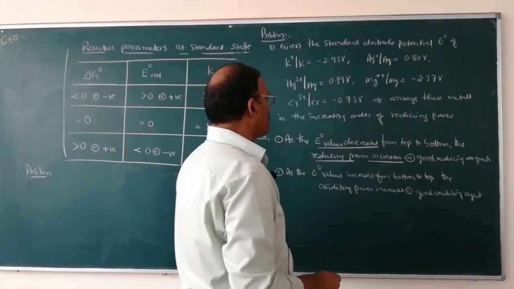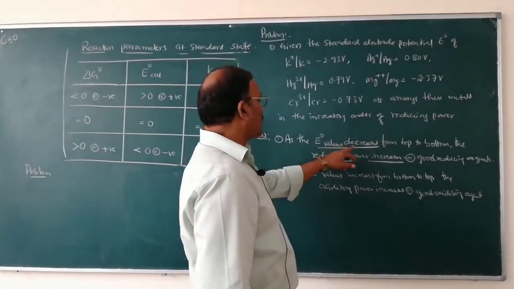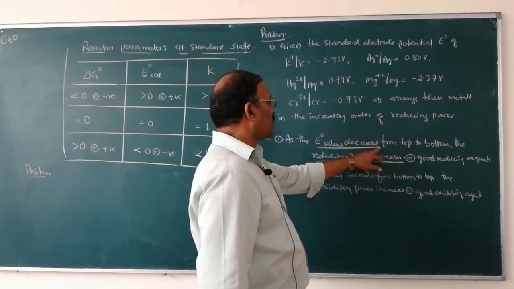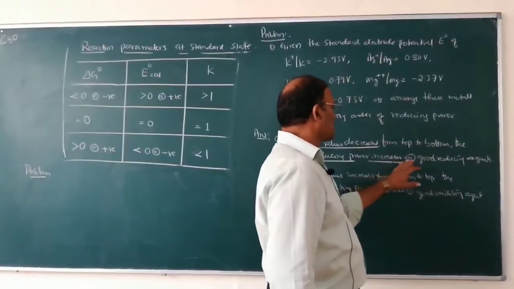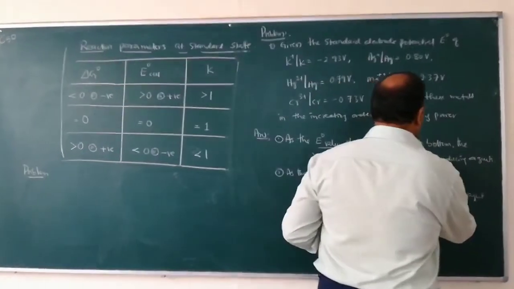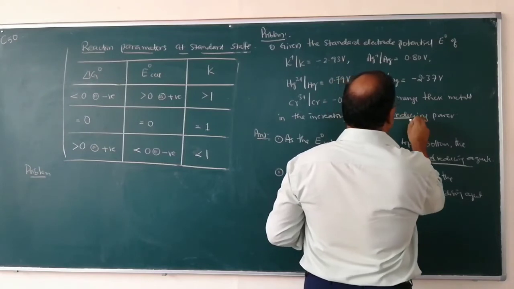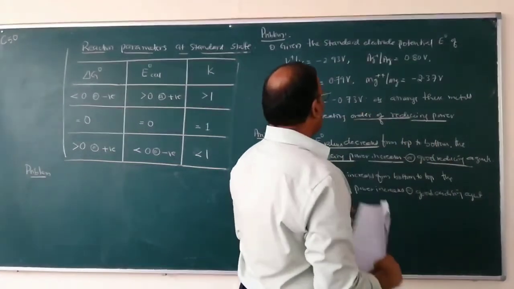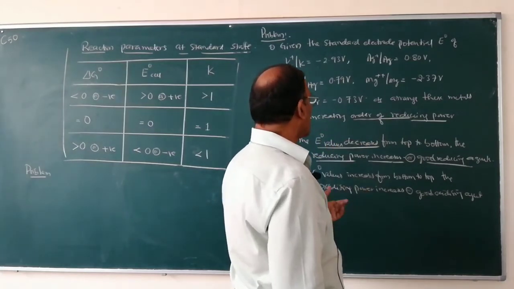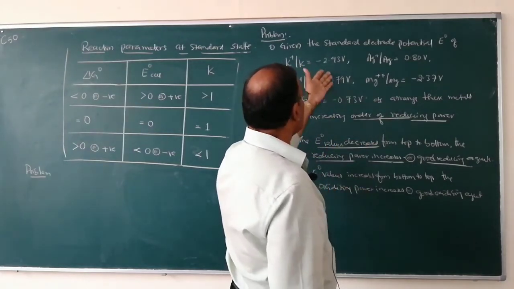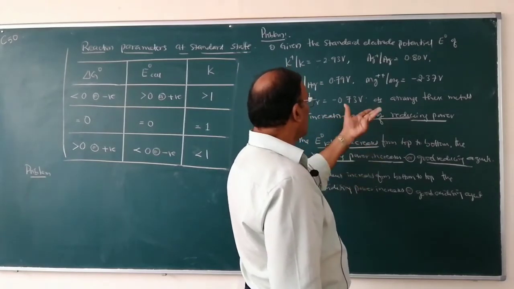Now we have to concentrate on the first term. As the E0 value decreases from top to bottom, the reducing power increases. So we have to arrange these metals in the order of increasing reducing power. As the electrode potential decreases, the reducing power increases.